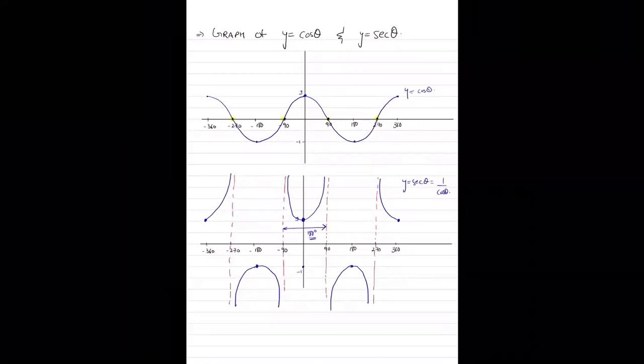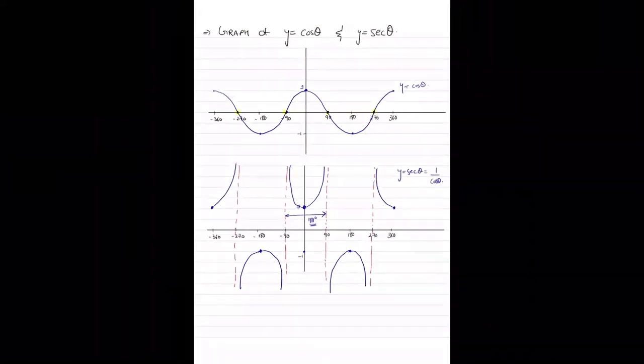So I can say that the minimum value is 1 and the maximum value is minus 1 for secant theta. The period of secant theta is still 360 degrees or 2 pi radians, and the asymptotes start from minus 90, and then you can add 180 degrees to get the next asymptote.